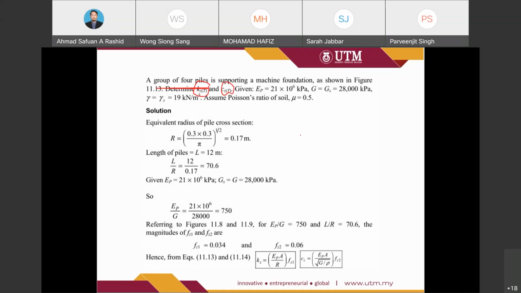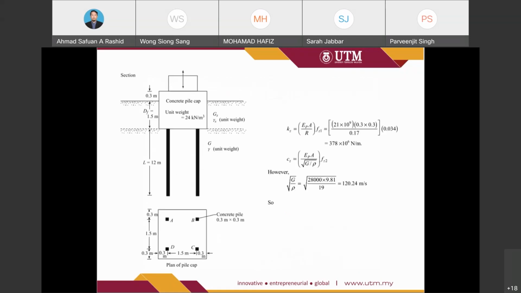Okay. So a group of piles is supporting a machine foundation as shown in figure 11.13. So this is an example.